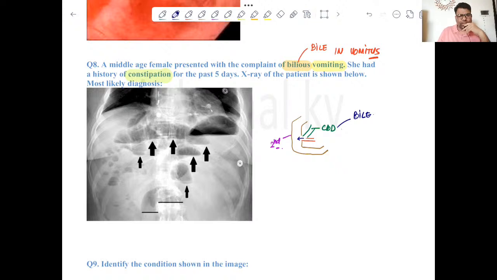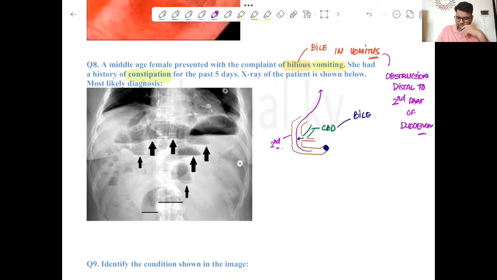Now if there is bile in the vomitus, it means the obstruction is somewhere distal. Only then will the vomitus include bile. So this means obstruction distal to the second part of the duodenum. Clear?